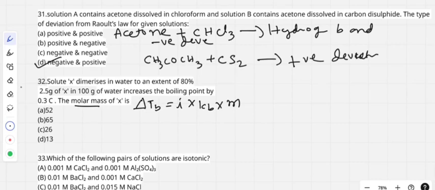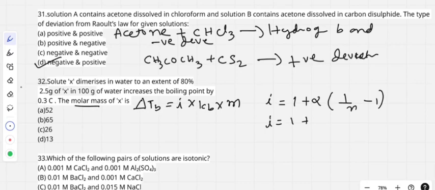For this, first you have to calculate i. So what is i? i is equal to 1 plus alpha multiplied by 1 divided by n minus 1. So i is equal to 1 plus alpha.